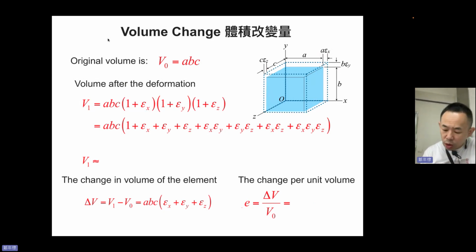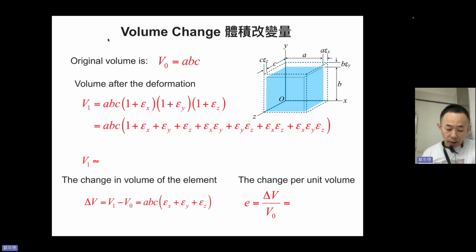The original volume is a, b, c multiplied together, V. How about V1? V1 is a, b, c times (1 plus epsilon x), (1 plus epsilon y), (1 plus epsilon z).